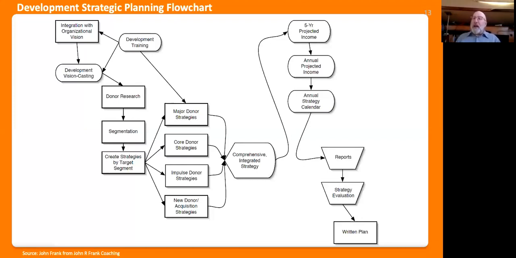Then you're going to evaluate that strategy. Did that work? Did that special event work for major donors? Did that direct mail work? And then you put that all together, you evaluate it and put it in a written plan. And so that in general is everything in planning your development strategy, looking at relationships at the core.